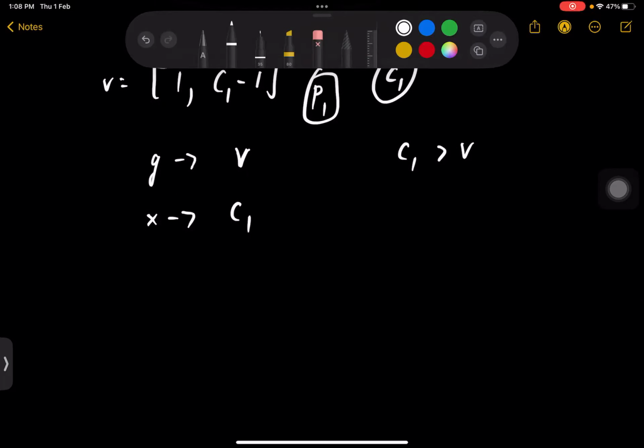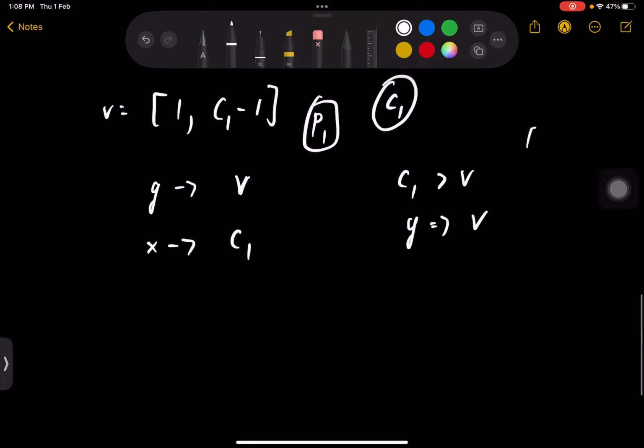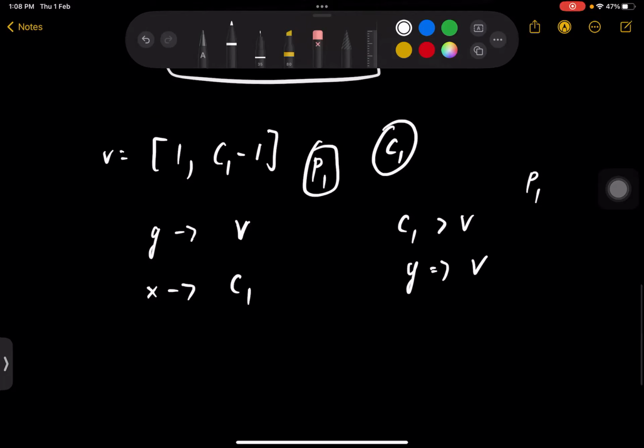Then the claim is, for sure, in Y, the power of the prime P1 should be perfectly V. That is because if we consider GCD, we just saw it is just the minimum of both the powers.